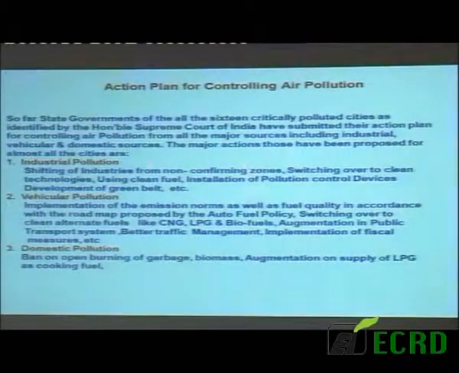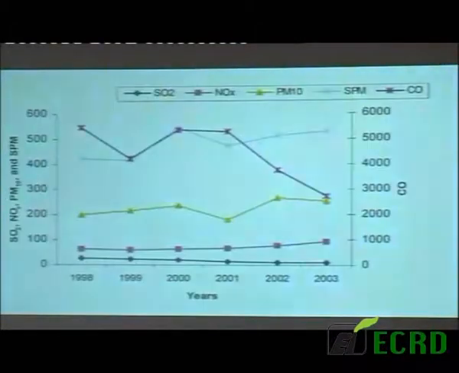We had identified some problem areas countrywide, about 28 problem areas, and these are the action plans identified and being executed, or most of them have been executed. And all 3 fields: industrial pollution, vehicular pollution and domestic pollution. Next, please.